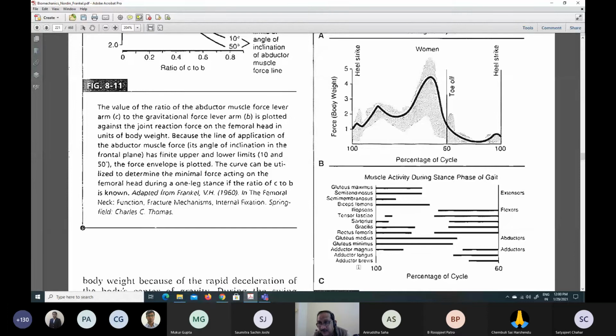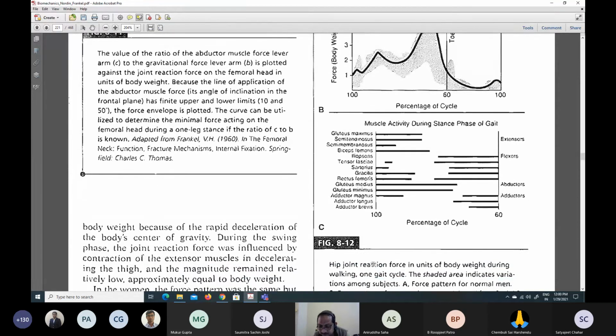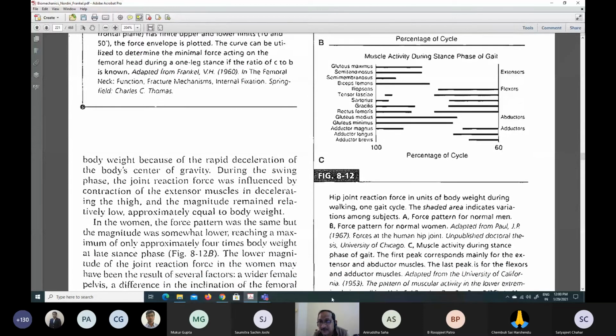You have the names of the different muscles, but remember, if you can see the abductor muscles, what they are saying is that the first peak corresponds mainly to the abductor muscles. And this is the extensor and abductor muscles.